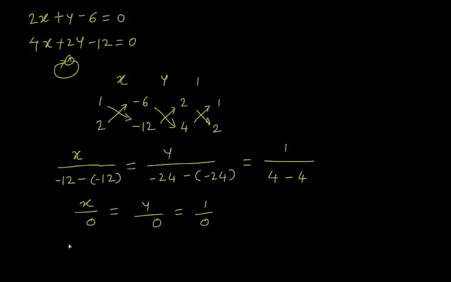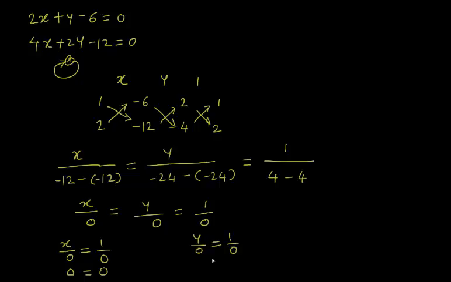So writing down the x term, x upon 0 is equal to the constant term, which is 1 upon 0. And if you cross multiply, we'll get x into 0 is 0, is equal to 1 into 0 is 0. Then for the y term, y upon 0 is equal to 1 upon 0.